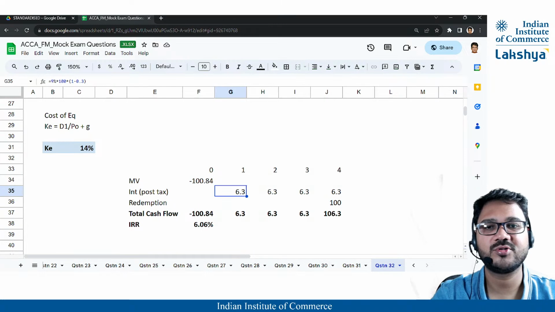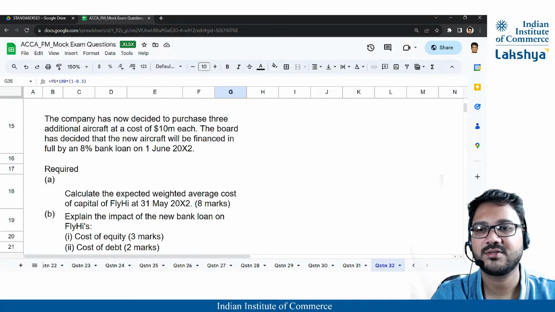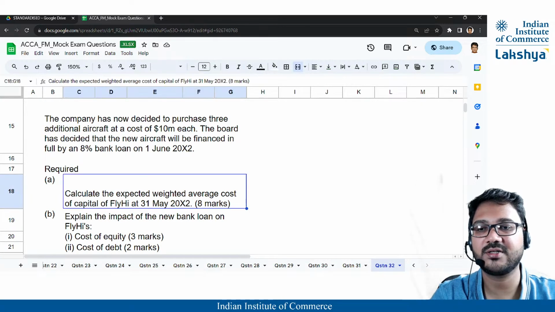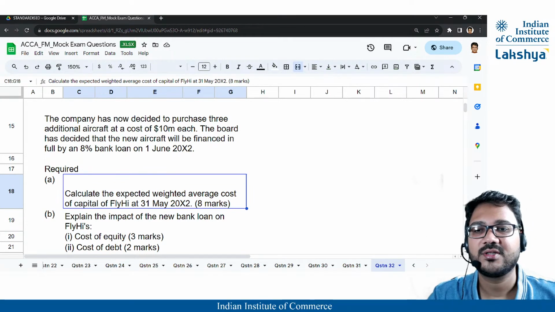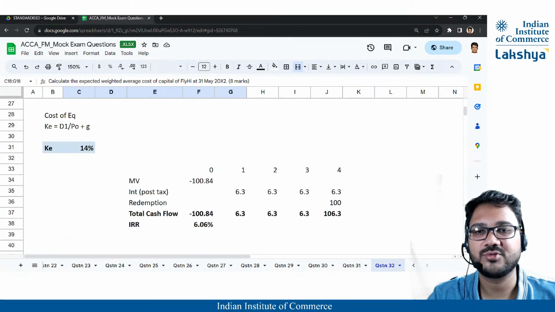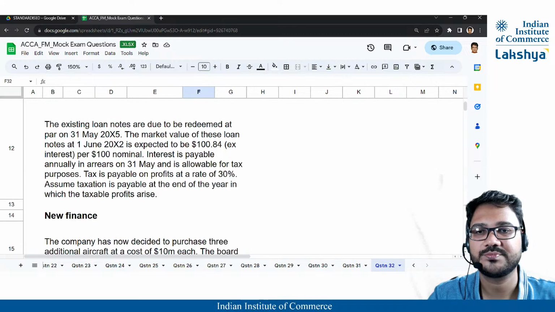All right. So if we are to now calculate the WACC as on 31st May 22. So we are currently in 1st June 22.